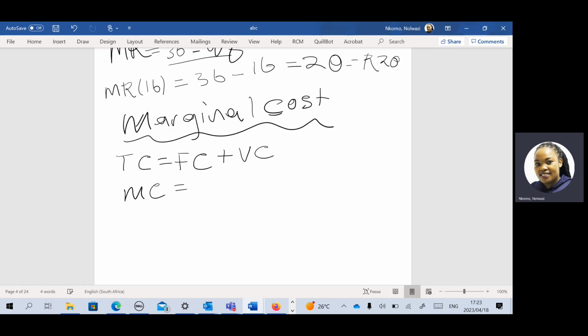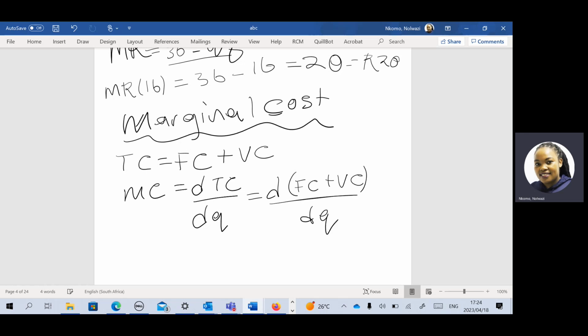Remember, we said the marginal cost is the derivative of the total cost. So this means marginal cost is equal to dC with respect to Q. But we know that our total cost is equal to fixed cost plus variable cost. So this means we have the derivative of fixed cost plus variable cost with respect to Q, right?